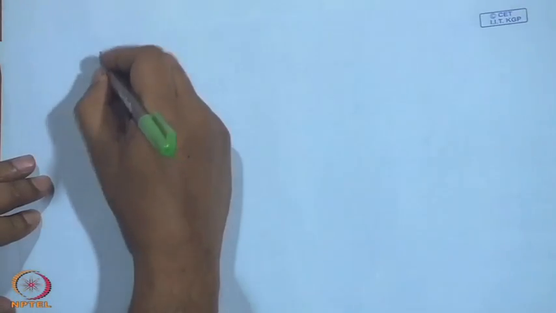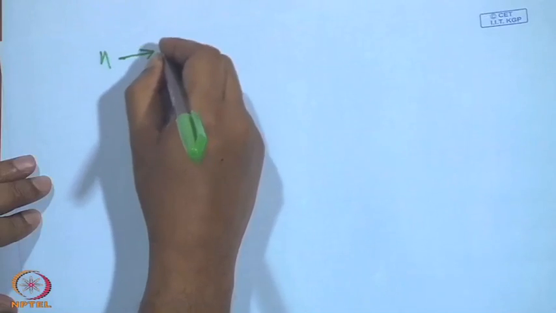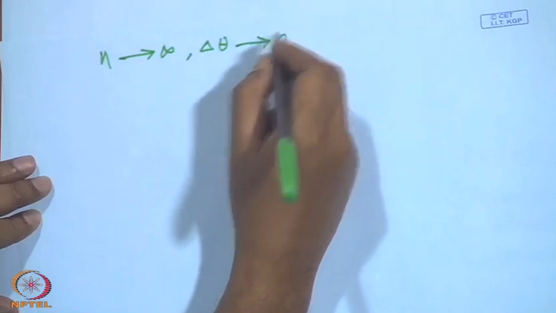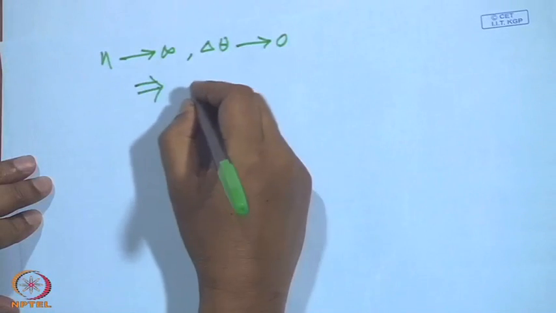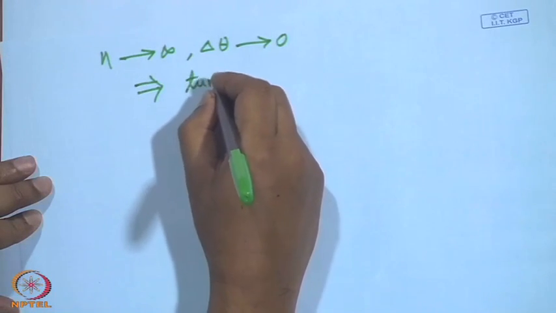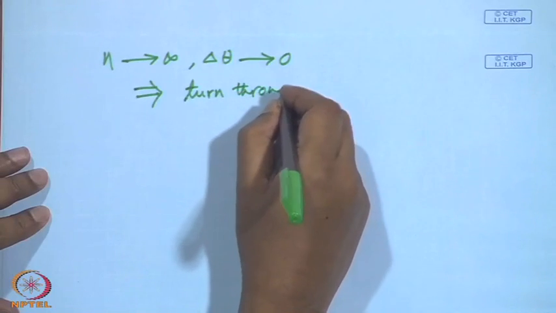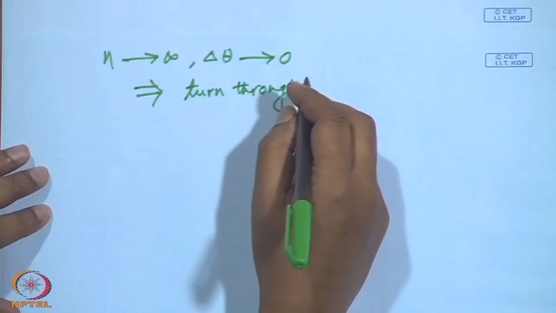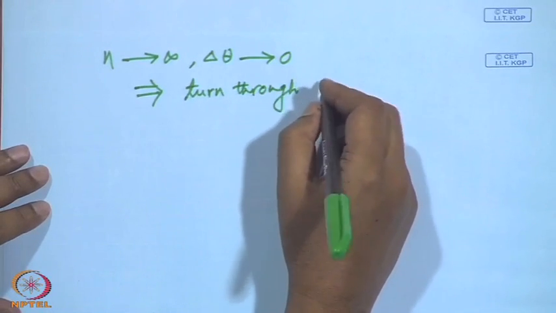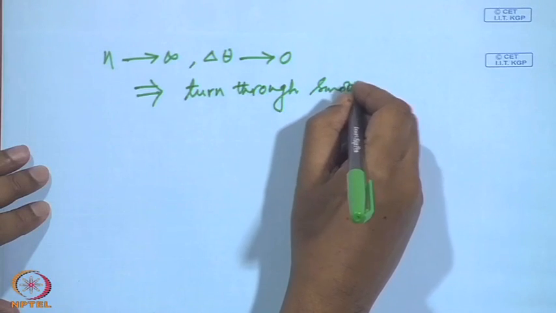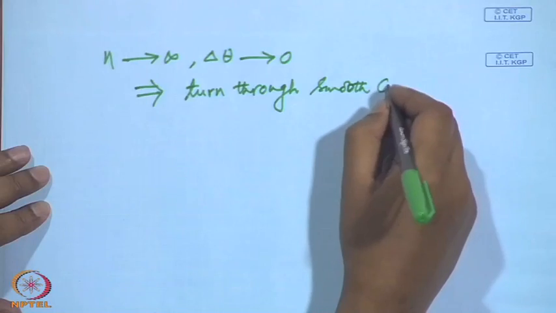That is, n tending to infinity and delta theta tending to 0 is basically a turn through a smooth curved wall.